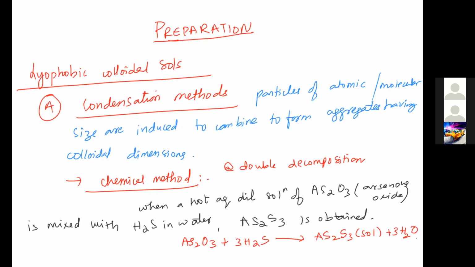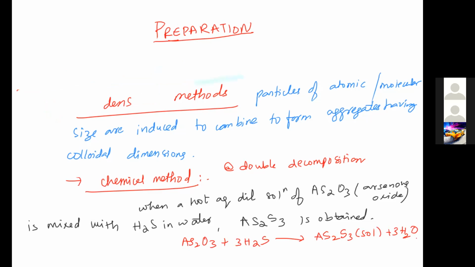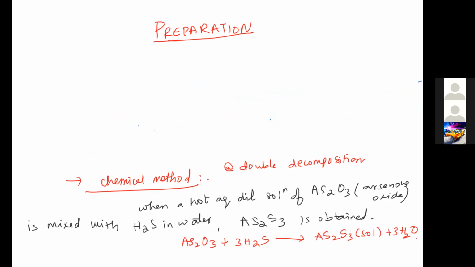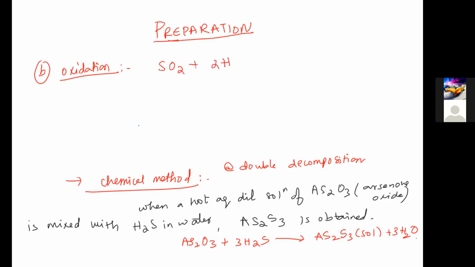I'm clearing the above part. Under condensation, under chemical method, under double decomposition, I wrote the equation. Under chemical method, the B part is oxidation. SO2 plus 2H2S on oxidation gives 3S plus water.